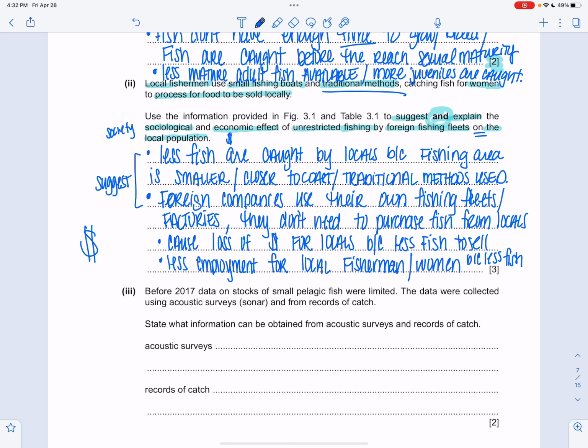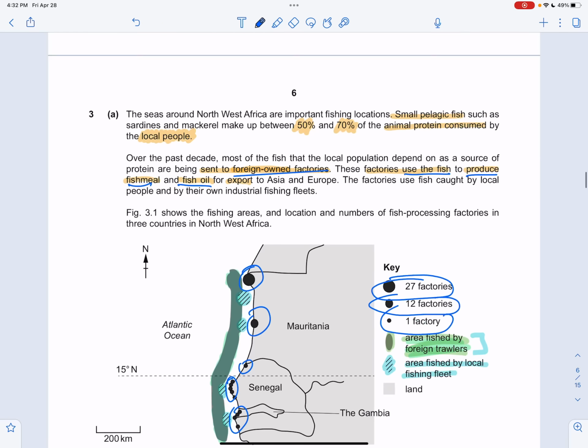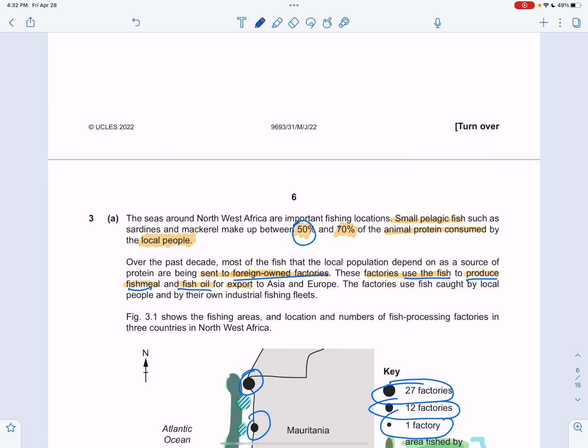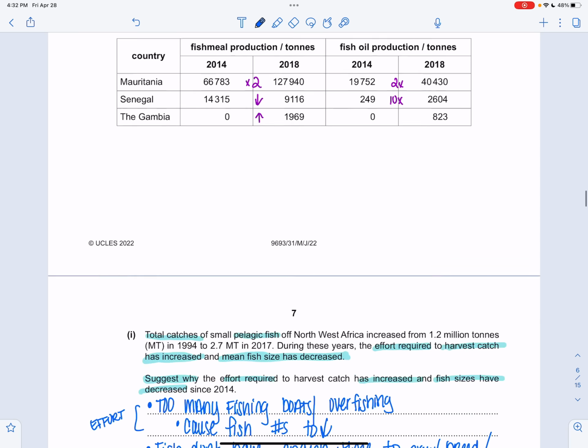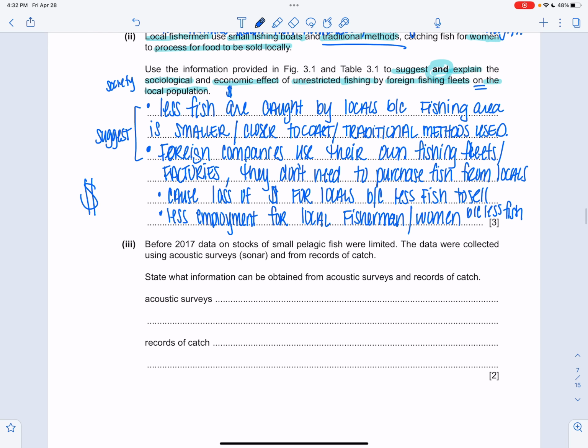Remember, the women got the fish that were caught from the men so they could process the food to be sold locally. Another one too, if we remember from the beginning, 50 to 70% of the protein that makes up their diet in this country, those are for local people, those are from sardines and mackerel, and they're being taken away. So that's a sociological effect.